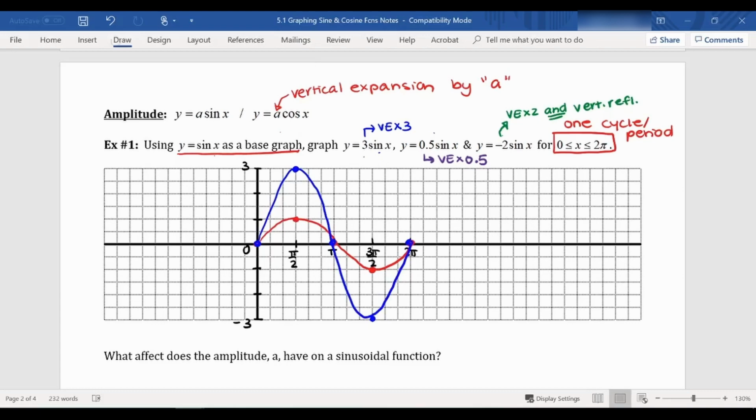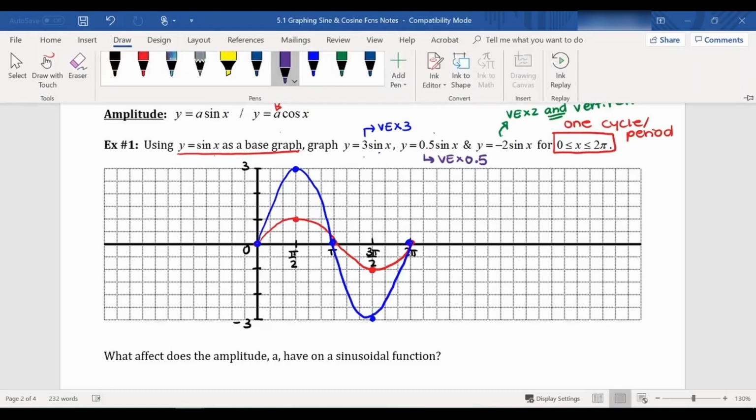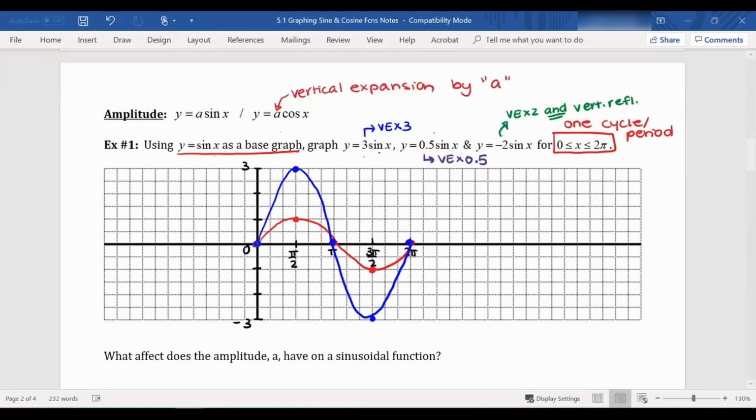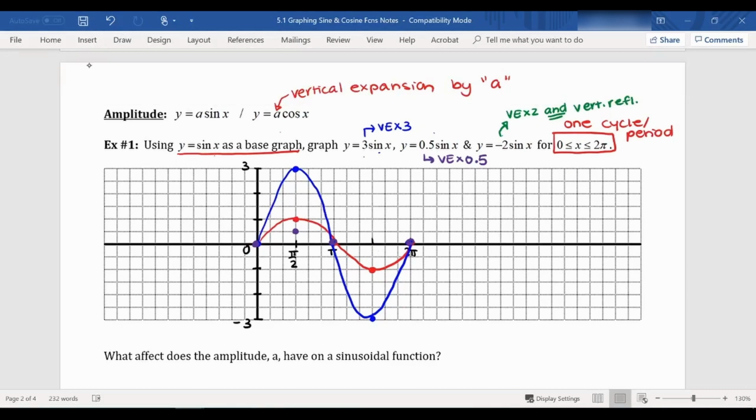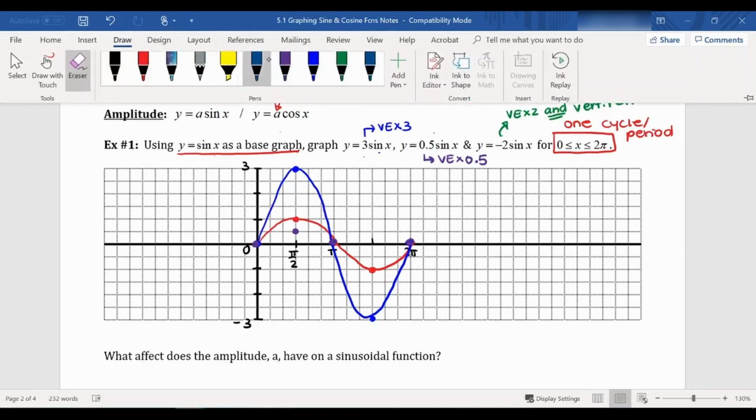The next one, we have expansion by 1/2. Again, all of my zeros will stay in the same spot because 0 times 1/2 is just 0. And then that means that our maximum, instead of being at 1, will now be at 1/2. And our minimum, instead of being at -1, will now be at -1/2. I'm going to move this 3/2 label because it's going to get in my way here.